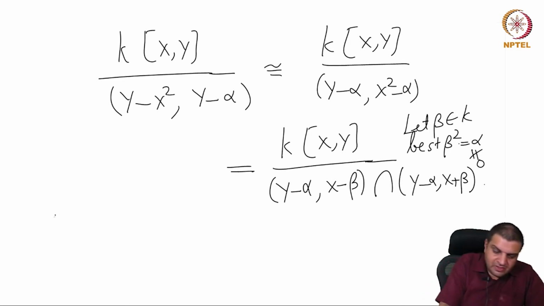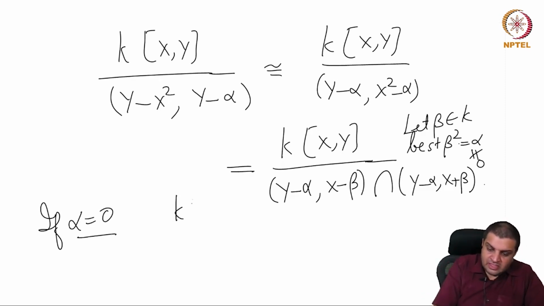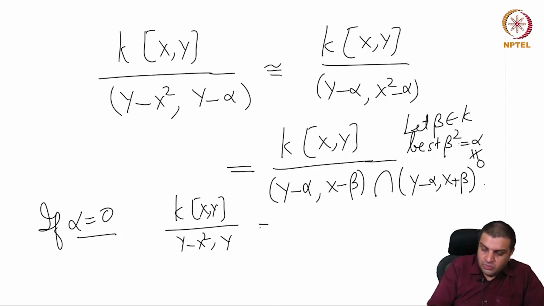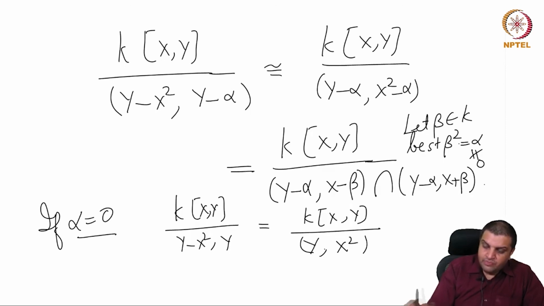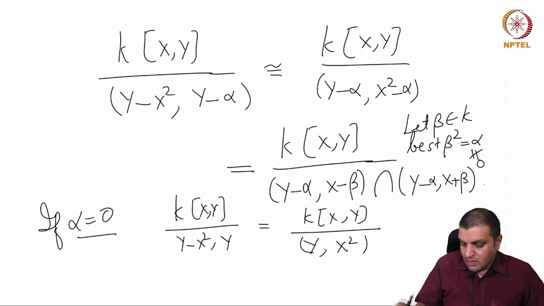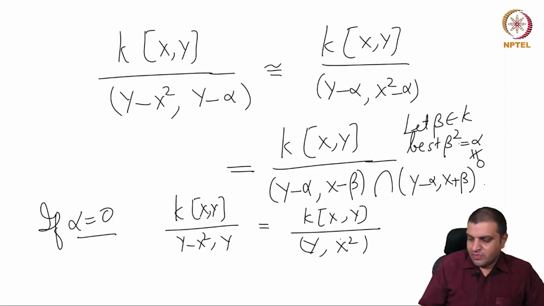If alpha is 0, then we would just get k[x,y] modulo y minus x squared and y, which is just k[x,y] modulo y and x squared. If you think of it as a point, it is only a single point, because this corresponds to one maximal ideal x comma y.